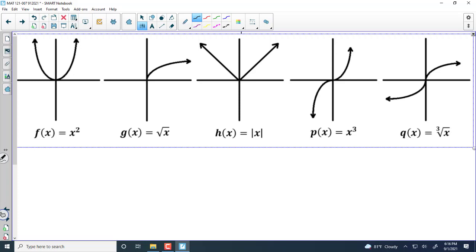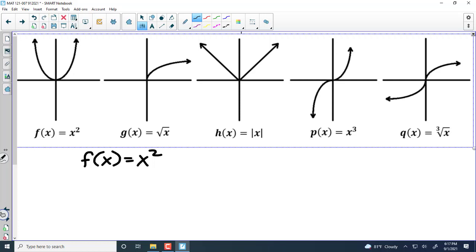But in order to work with them, it's not just enough to know the equation that goes with the graph. It really, really helps to know some ordered pairs on the graph. And I don't just mean any ordered pairs. I don't mean just go ahead and plug in several x values and get several y values. I mean ordered pairs that really give you the representative shape of the graph. For instance, f of x equals x squared.